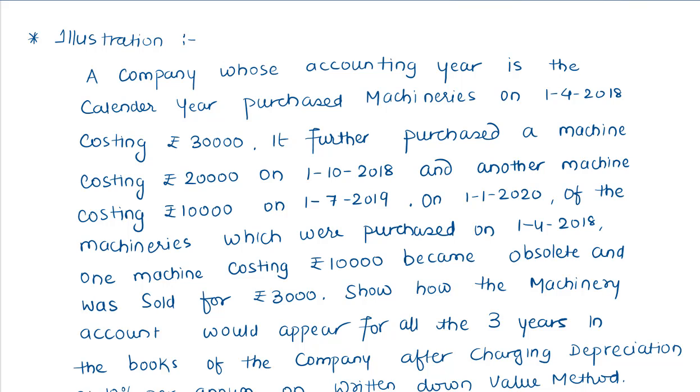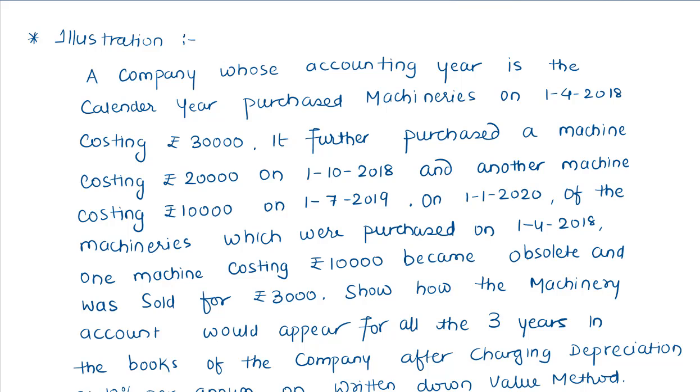A company whose accounting year is the calendar year purchased machineries on 1st of April 2018 costing 30,000. It further purchased a machine costing rupee 20,000 on 1st of October 2018 and another machine costing 10,000 on 1/7/2019. On 1st of January 2020, of the machineries purchased on 1st of April 2018, one machine costing 10,000 became obsolete and was sold for 3,000.